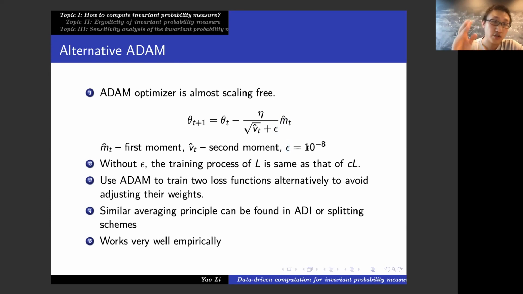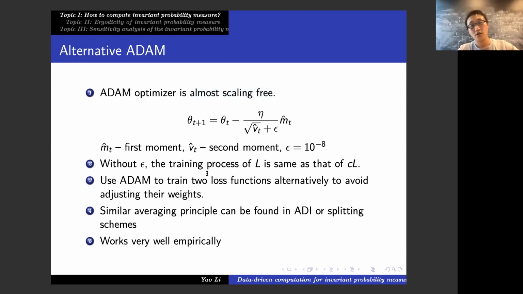Without epsilon, it's scaling free: the training process of L is the same as the training process of a constant times L. But you have this epsilon to avoid dividing by some very small number. As a result, it's almost scaling free.